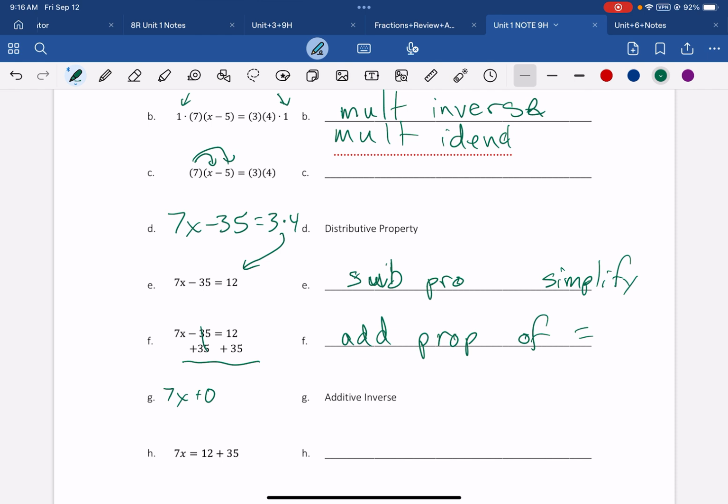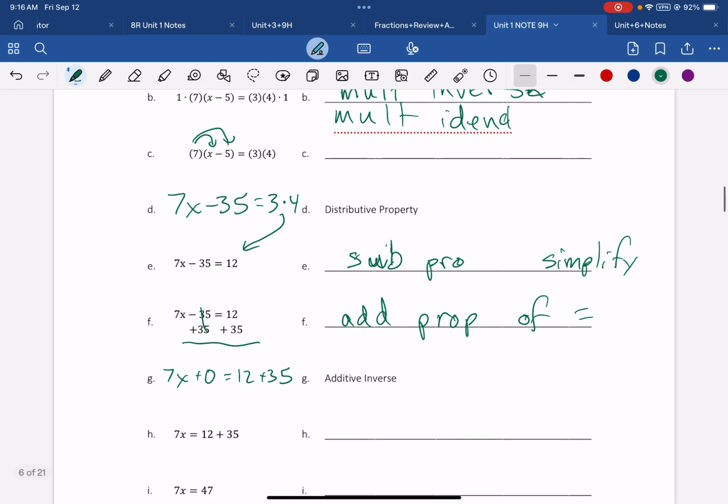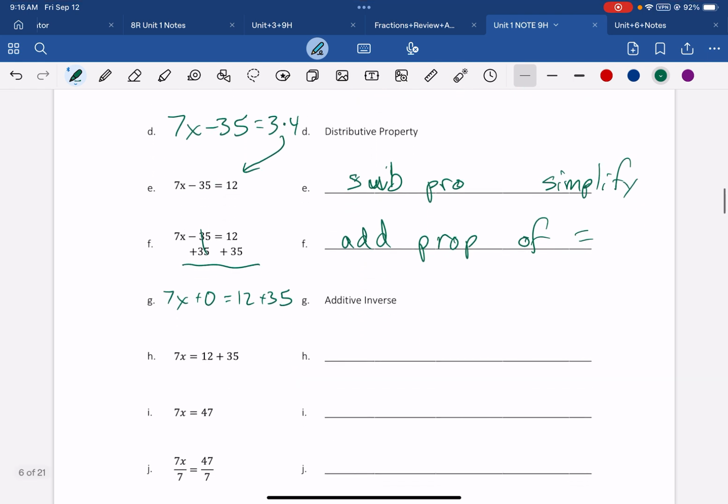And then we will leave this 12 plus 35 to describe its step later. Okay, when that 0 disappears, that is additive identity. And now when these add together and get that, that is substitution property, or also maybe simplify.